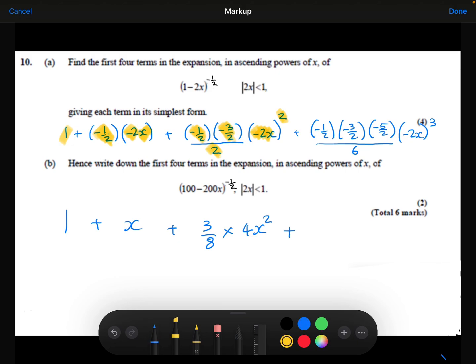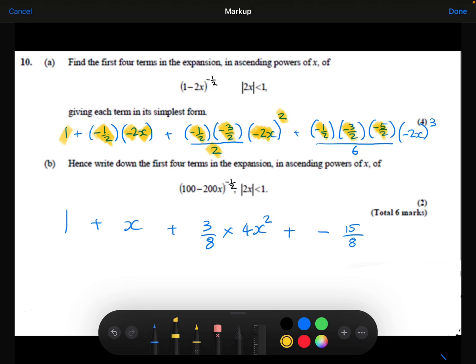And then for the fourth term, we've got minus a half times minus 3 over 2 times minus 5 over 2. So the minus times the minus times the minus will give a minus. The 1 times the 3 times the 5 will give 15. And the 2 times the 2 times the 2 will give 8.